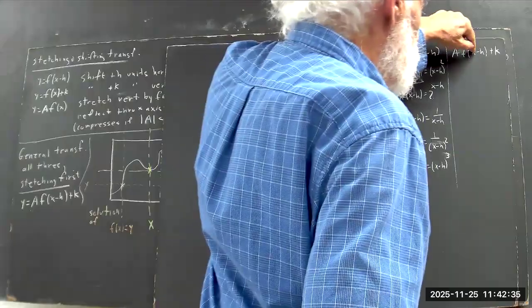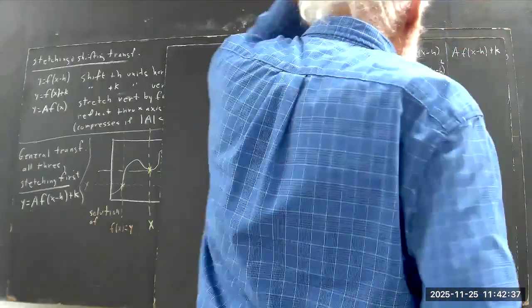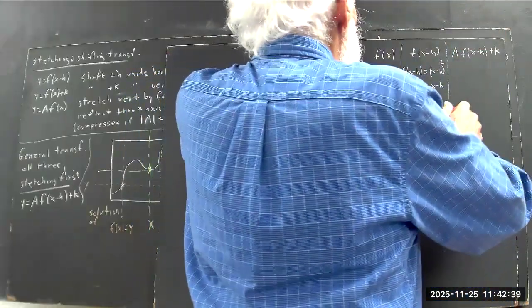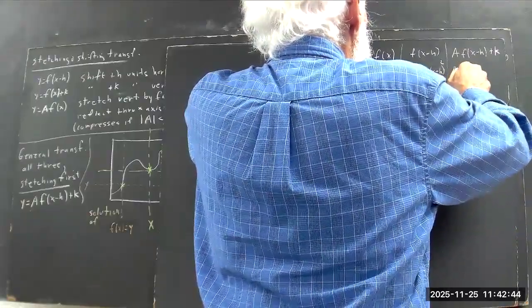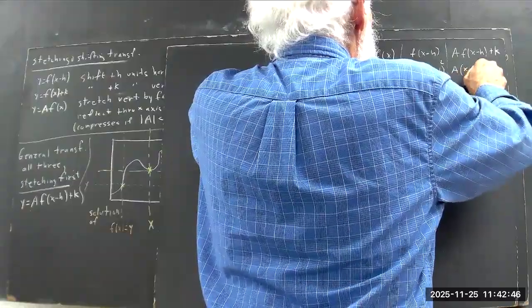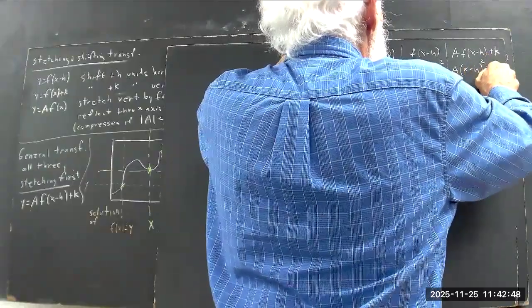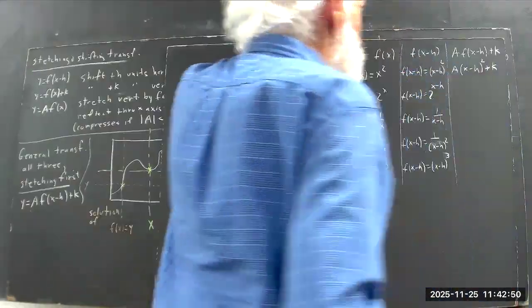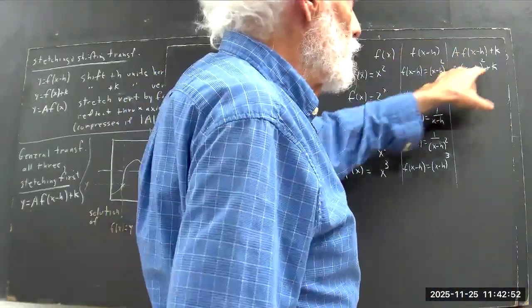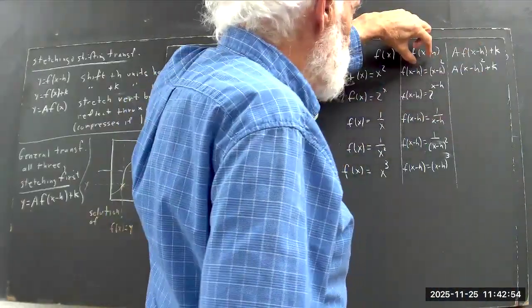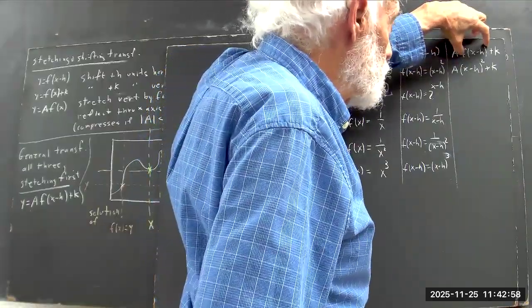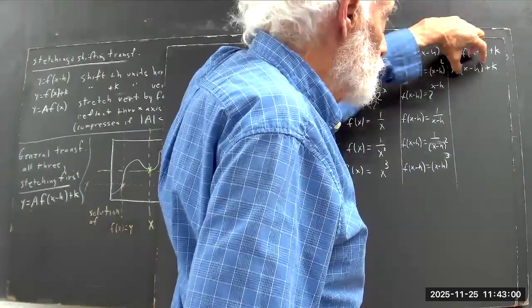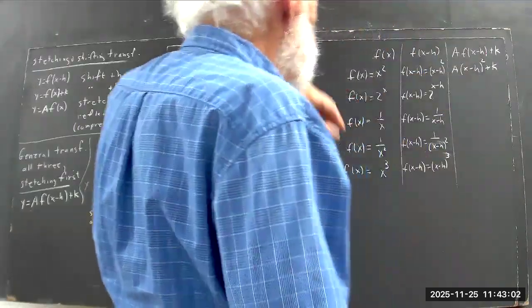Then a f of x minus h plus k becomes a and k are just what they are. F of x minus h is x minus h squared, so we're going to replace f of x minus h here by x minus h squared.